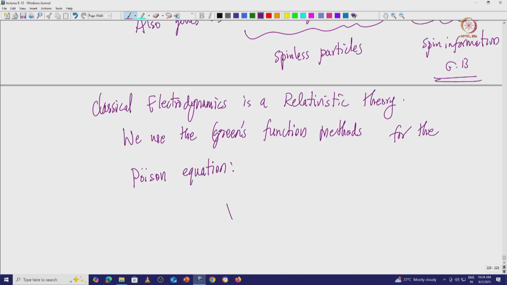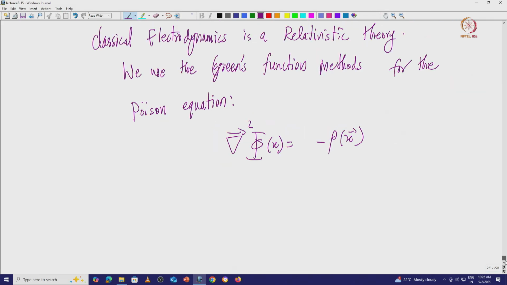So what we have is del square phi of x is equal to minus rho of x. Now assume rho is a point charge, essentially a delta function, so we are starting with the simplest example, localized at x0.